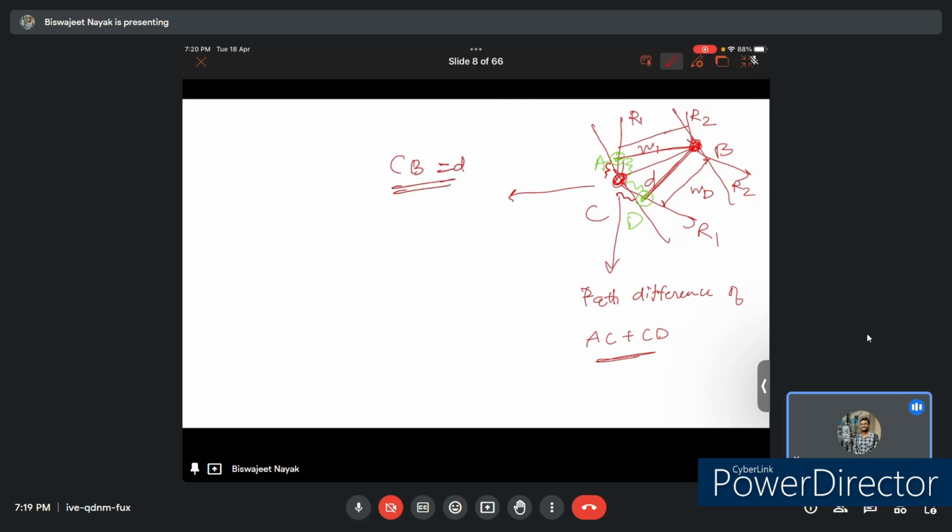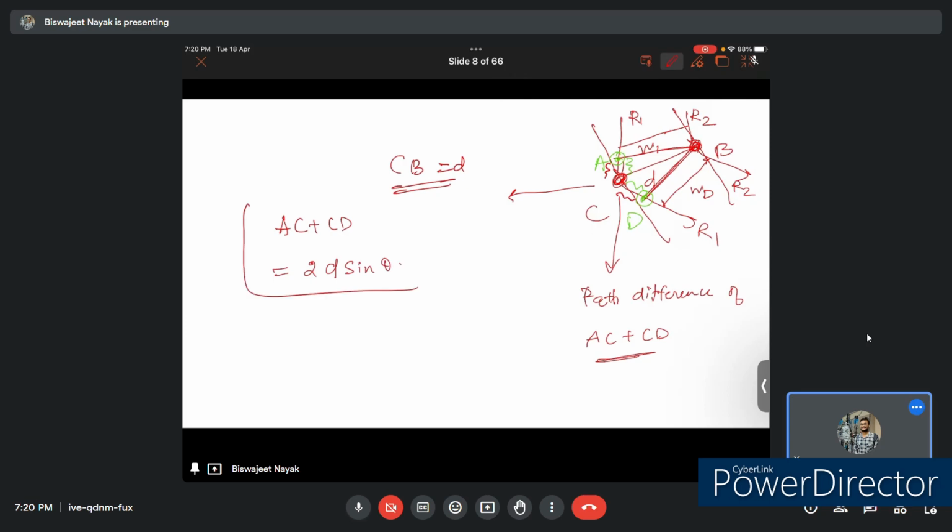The distance traveled by ray R1 is larger than the distance traveled by ray R2. So the path difference, from geometry, AC plus CD, will be given as 2d sine theta.